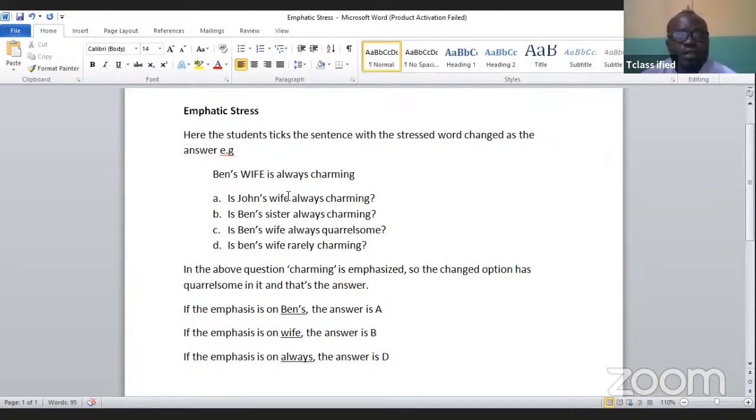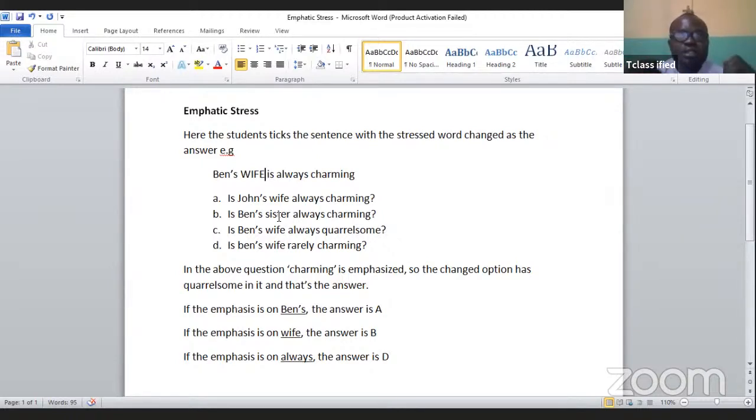We have John's wife is always charming, Ben's sister is always charming, Ben's wife is always quarrelsome, Ben's wife is really charming. With this, you can easily see that the answer should be B, because in B the wife has changed to sister. So that's what you look for in emphatic stress.